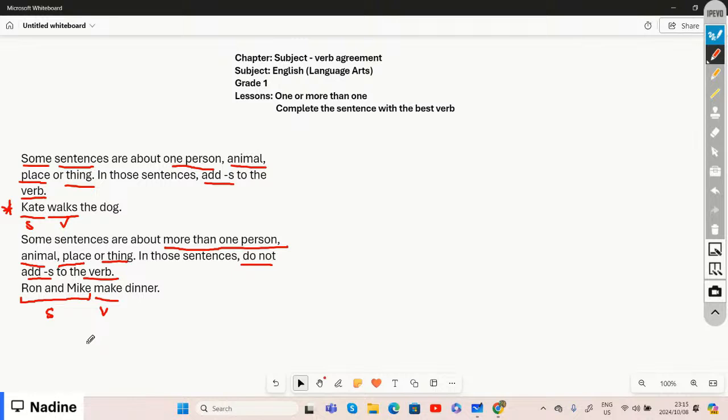If the subject is singular, meaning we are making mention of one person, one animal, one place, or one thing, then our verb ends with an S, or we add an S to the verb.